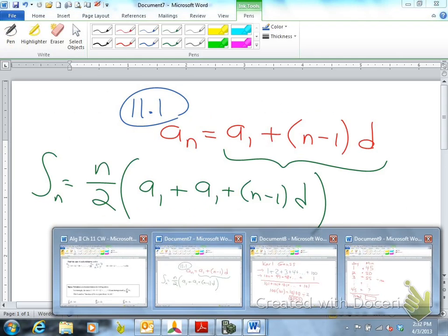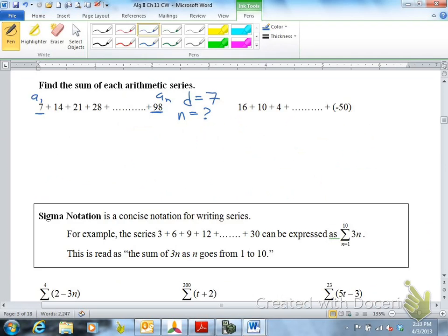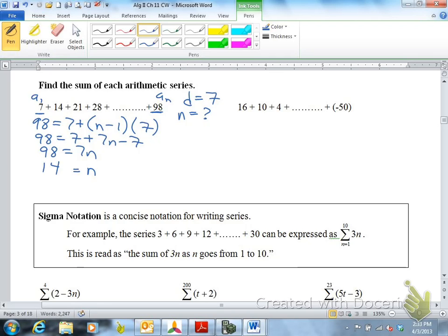So we would have 98 equals the first term plus n minus 1 times d, which is 7. And you'd have 98 equals 7 plus 7n minus 7. The 7 minus 7 is 0. 98 equals 7n. 7 goes into 98 14 times.